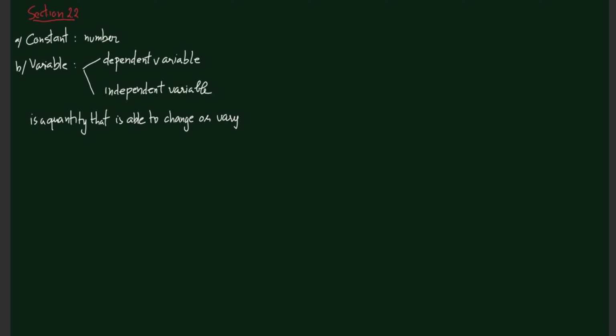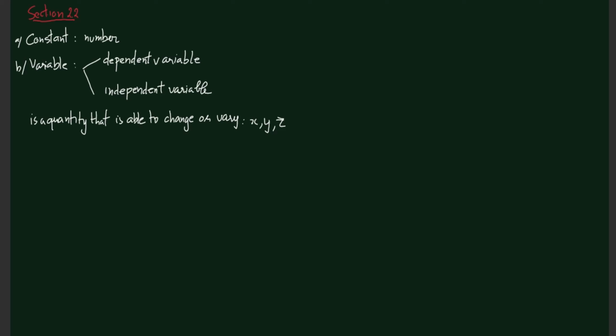Usually in mathematics, we use letter X to represent a variable, okay? So you can use variable X or Y or Z. Then what is a dependent variable? I mean, when you read it, you know right away. A dependent variable is a quantity that is dependent on another quantity.